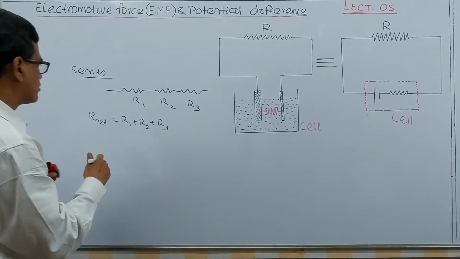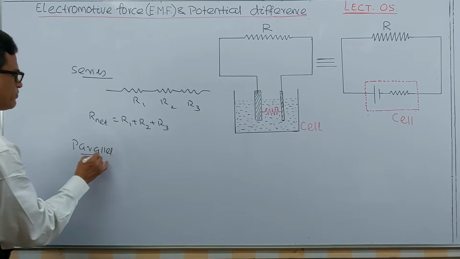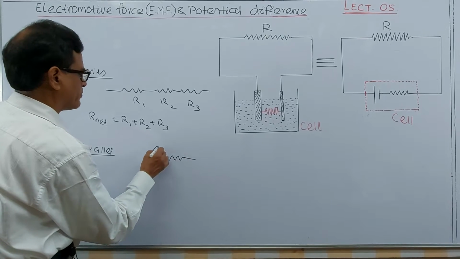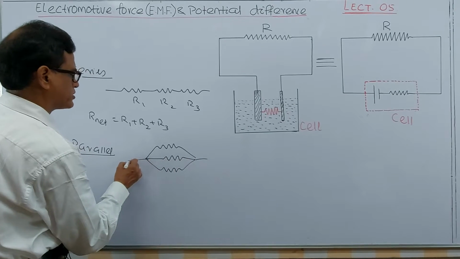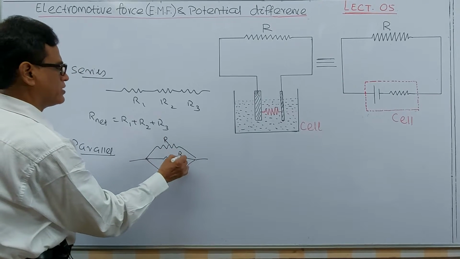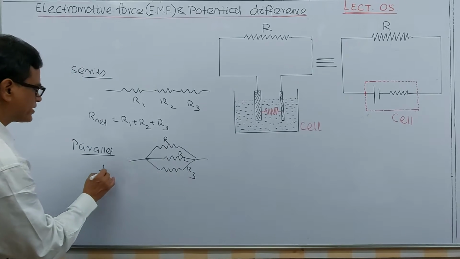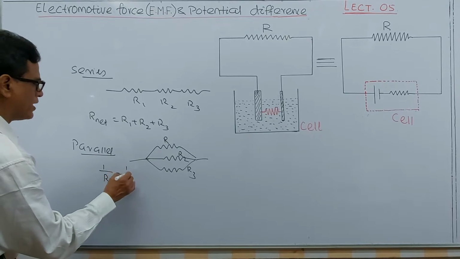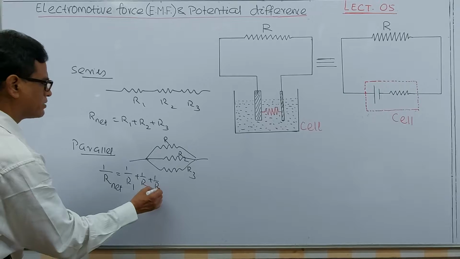Now in parallel combinations, this minimum you should know. There are a number of resistors. I have taken a number of examples. Since we have done the capacitors, you can try it yourself. If this is R1, this is R2, this is R3, then the effective resistance R net is given by 1 by R net equal to 1 by R1 plus 1 by R2 plus 1 by R3.